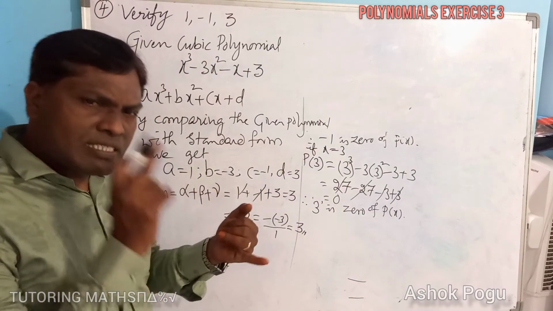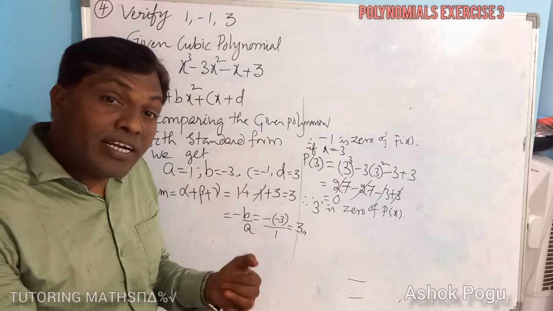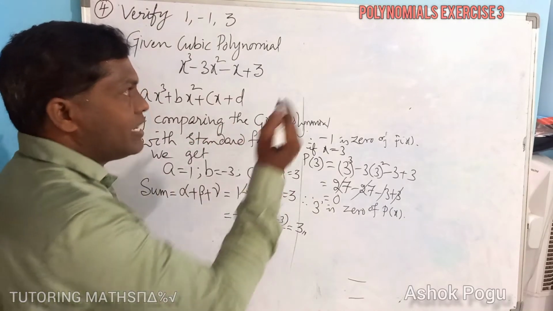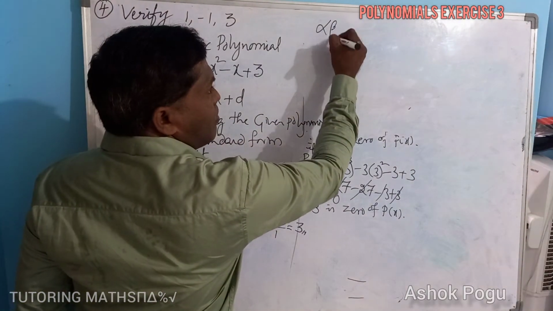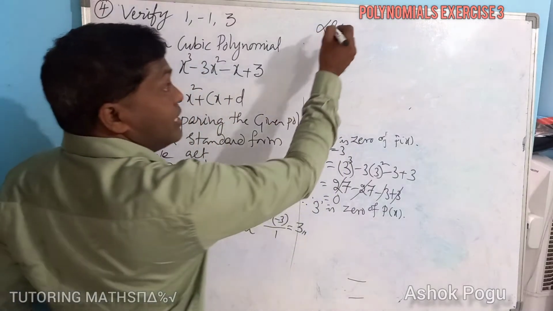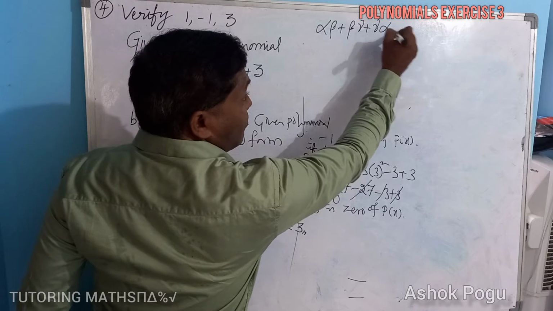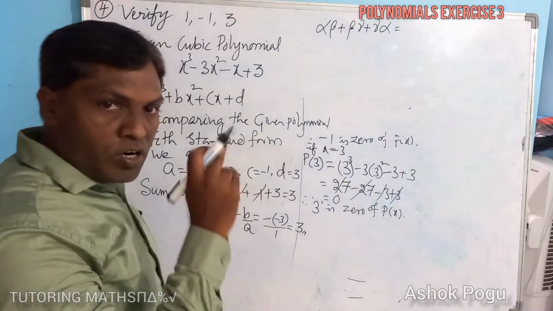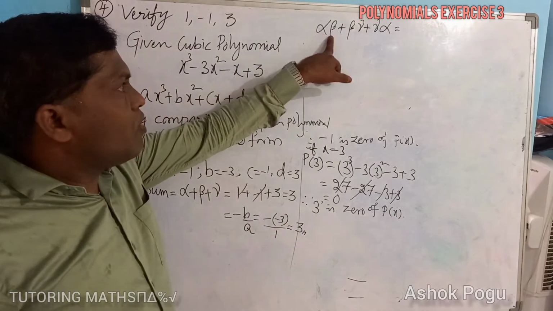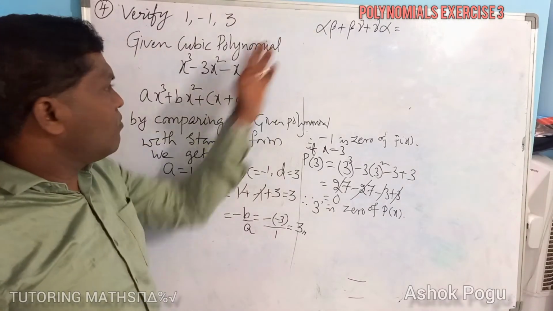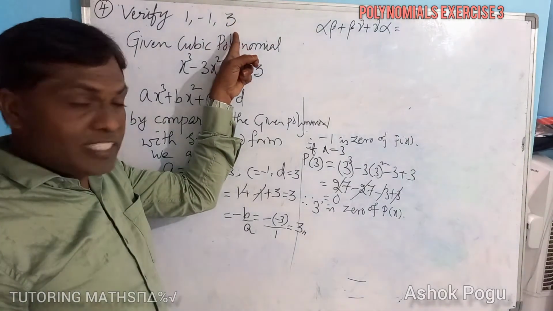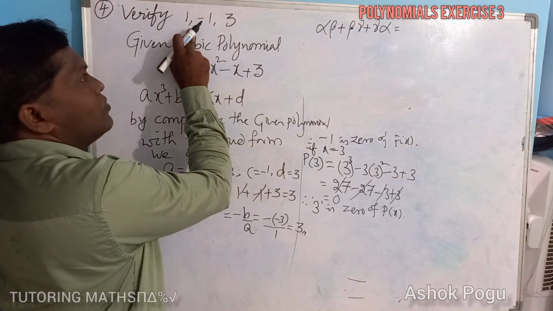Let's go to the sum of the products of the different roots. What is the next one? Sum of the products of the different roots, that is alpha beta plus beta gamma plus gamma alpha. What do we get? Let us see. Take alpha as 1, beta as minus 1, and this is gamma, 3. Just substituting the values.